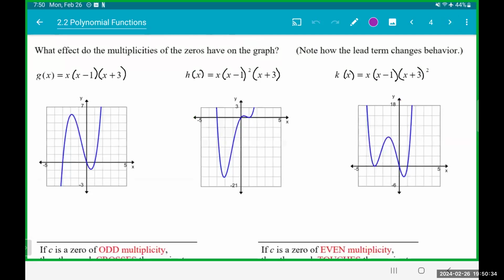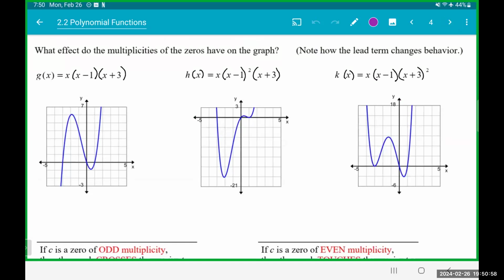All right. So I mentioned, does it touch the graph, cross the graph, etc. On this first problem, notice it's the same thing: x times x minus 1 times x plus 3. The only thing that changes is the multiplicity, so that you can see the effects of it in each of the following graphs.